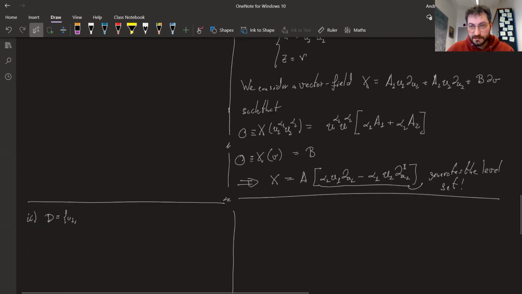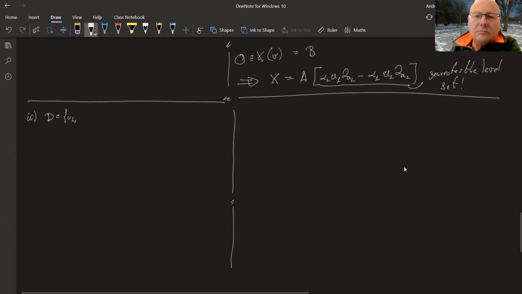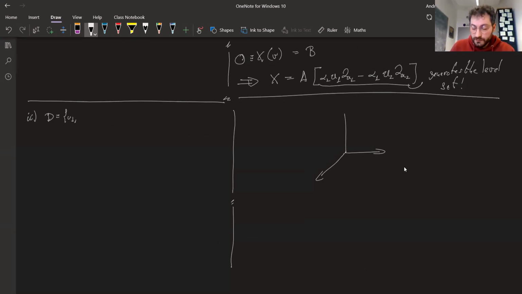Right. So what is being claimed is that if we have this form u1^α1 u2^α2, then the vector field X that we're doing here is going to look like a saddle in the u1, u2 plane. So you're going to have the leaves like this. And if we change to any other level given by some other v equals 1, for example, it is still this kind of saddle vector field.